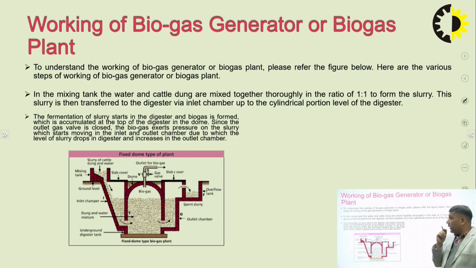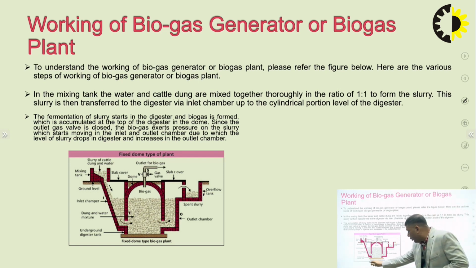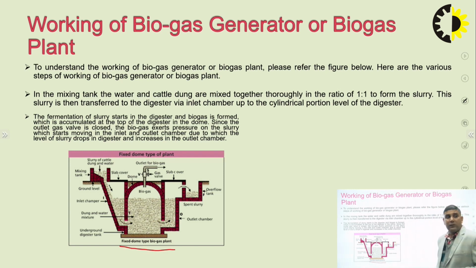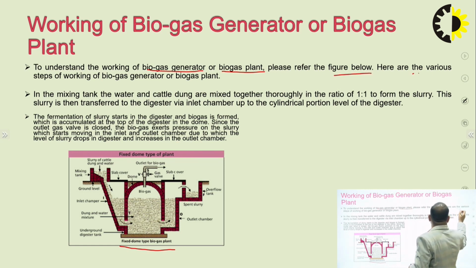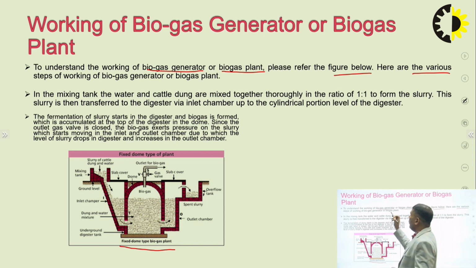If we discuss the working of a biogas generator or biogas plant in general, this is the diagram of a fixed dome type biogas plant. To understand the working, we have the figure below, and here the various steps of working are explained.